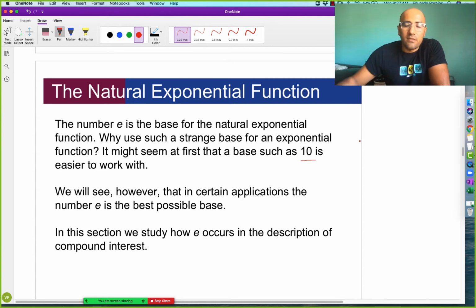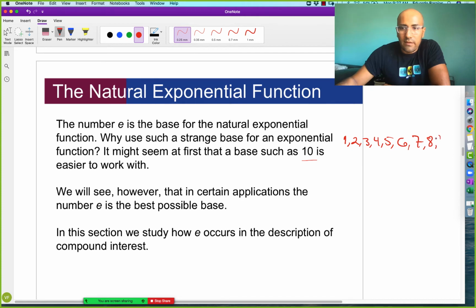Because it takes 10 unique little figures to make up our numbers, right? We've created them with 1, 2, 3, 4, 5, 6, 7, 8, 9, and then 0 is the other one, right back here. There are 10 of them.